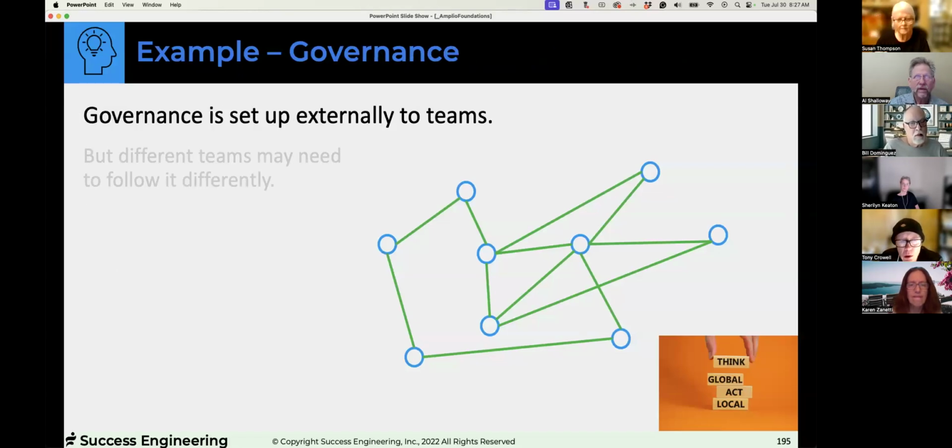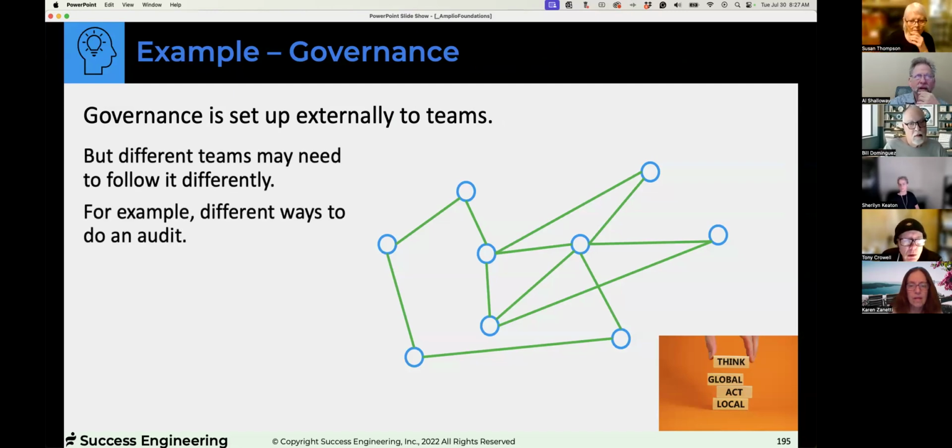Governance, again, different teams may meet to follow it differently. I remember SOX compliance was an interesting thing back 20 years ago when it first started coming into existence. There's an intention of the SOX compliance, but how you actually implement it and manifest it might be different. But it's the end result that's important. Internal tools of a team may not match the external teams that they have to report to.